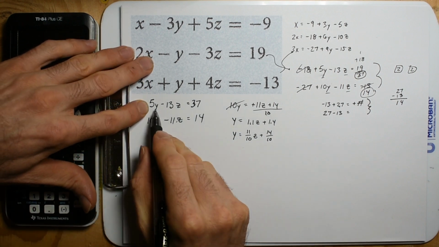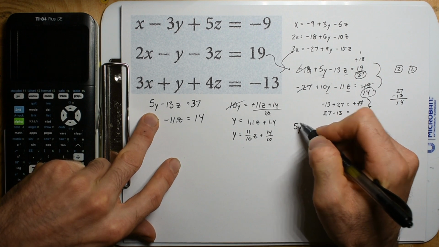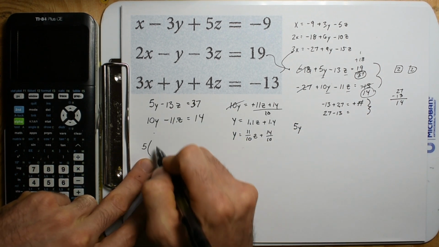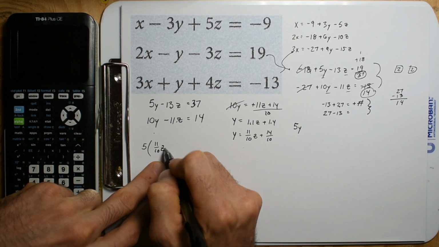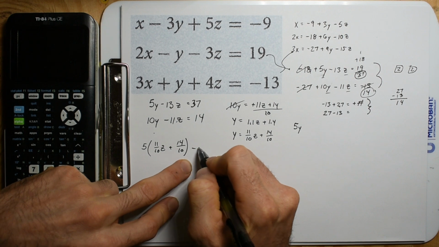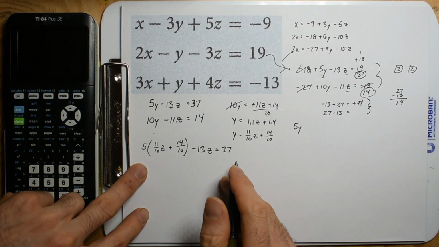And then I would shove it into here. So this is going to be 5y. Sometimes I would just do 5 and then 11 tenths z. I at least try to reduce my steps just by a little bit because writing too much is crazy.